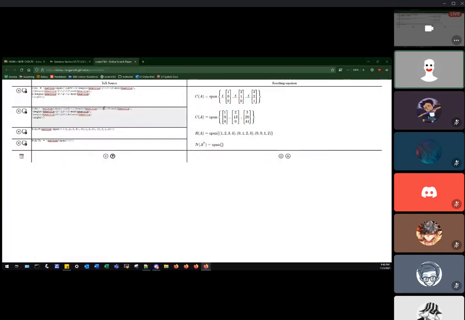Yeah, should be 1, 6, 9. The first one won't change. Well, it'll be exactly equal to that because it's just a 1. And then 2. Is this correct? Still not what I got.